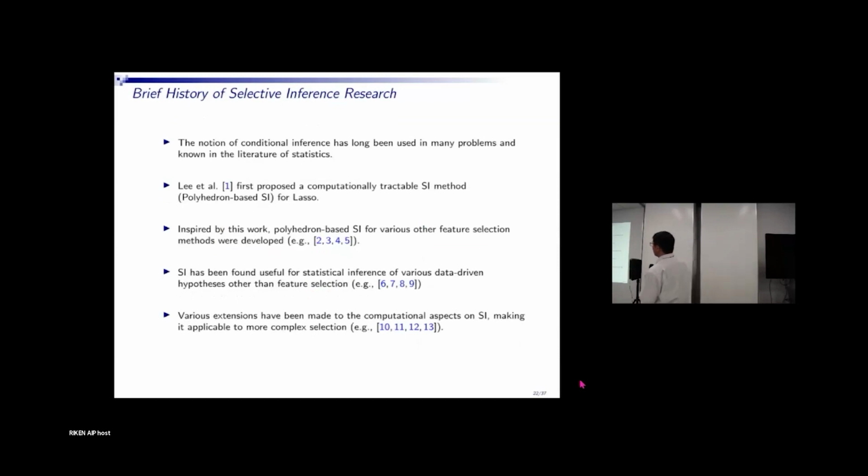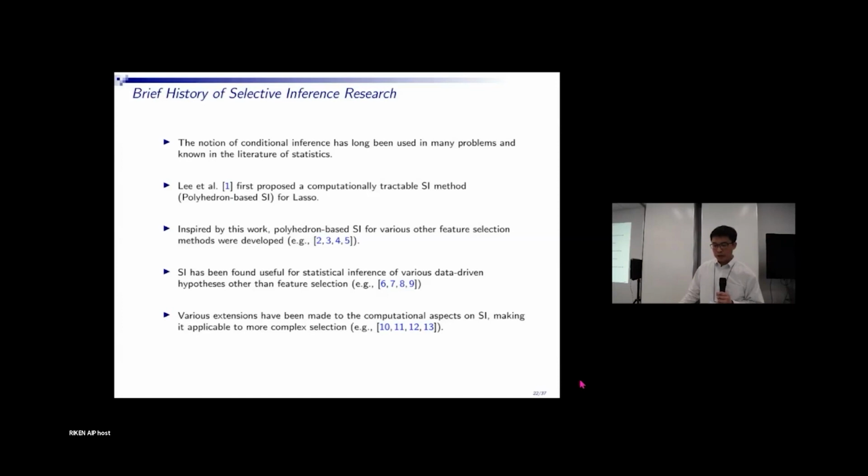So let me talk about a brief history of selective inference. The notion of conditional inference itself has long been used in many problems and is known in the statistics literature. But around 2015, Lee et al. first proposed a computationally tractable selective inference method for the lasso problem.